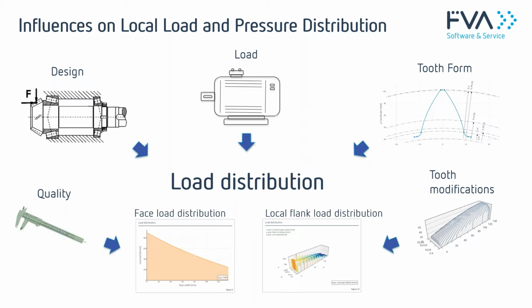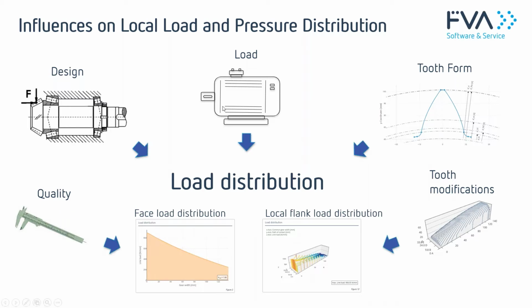But still, the most important influence factors are the design, so for example, the bending of the shafts, the torsion of the shafts, the elastic deflections of the bearings, of the housing, and so on. With these elastic deflections in the gearbox, you will have the most important influence factors on the phase load distribution and also on the local load distribution on the tooth length.